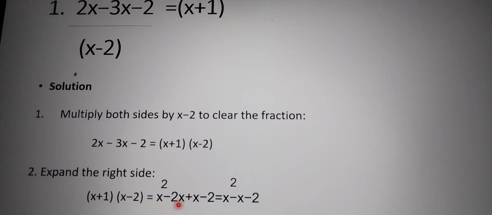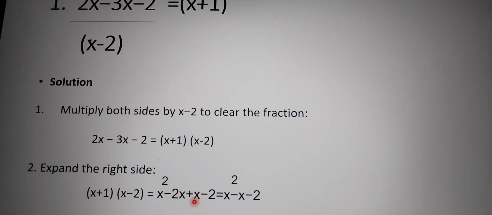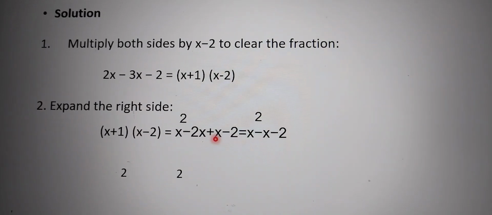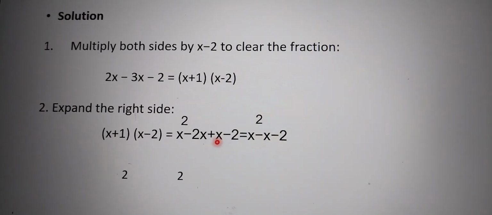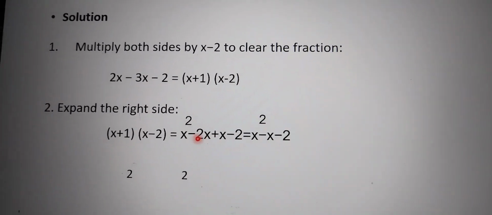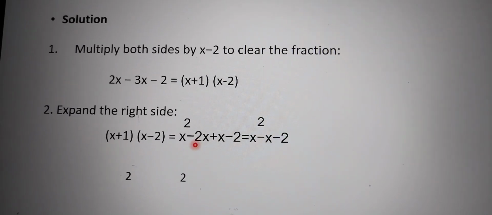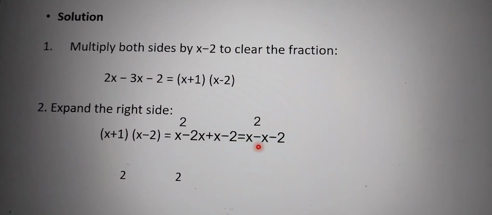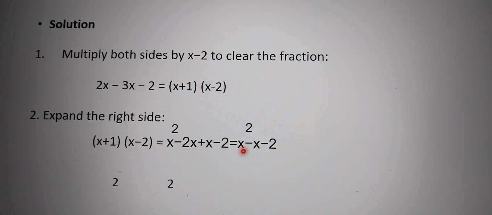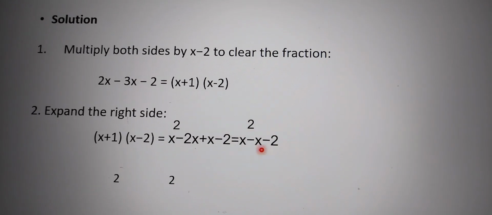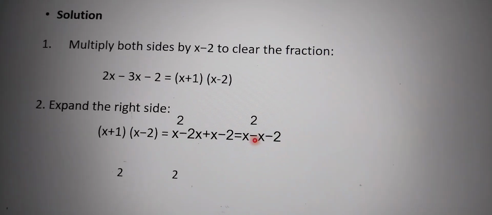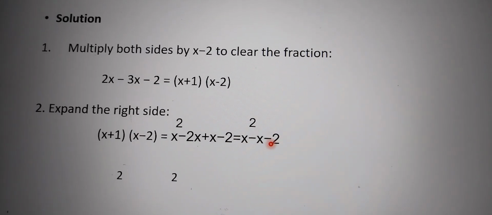Because I have negative 2x here and positive x here, the negative coefficient is greater, which makes the sign of the result negative. 2 minus 1 is 1, so we have a negative x, and negative 2 stays as it is, so I'll have x² - x - 2.